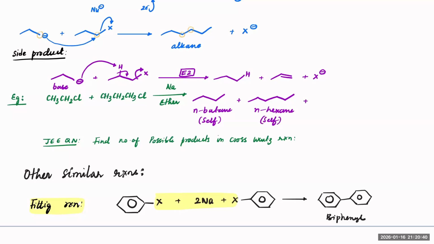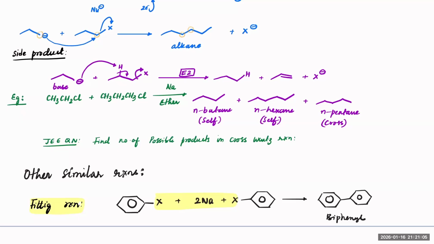Next, we can also have a cross coupling where you have two carbons and three carbons connected with each other like this. Five carbons will come across, and then you get this as n-pentane. So this is called cross coupling. So these are the three products that you can form as alkanes. Got it?